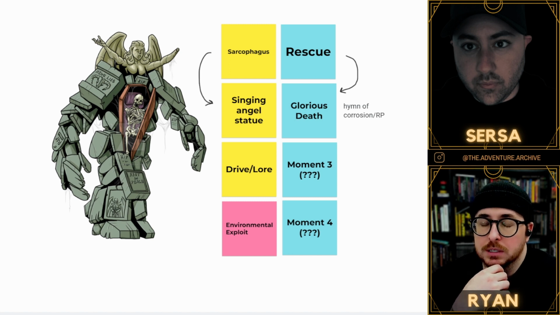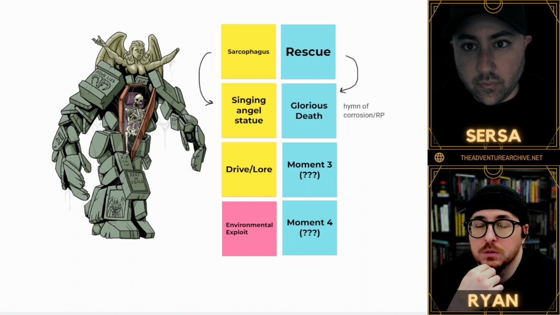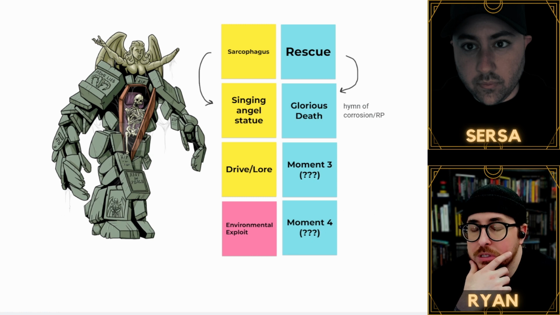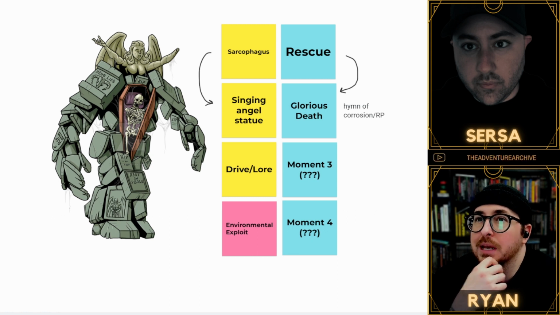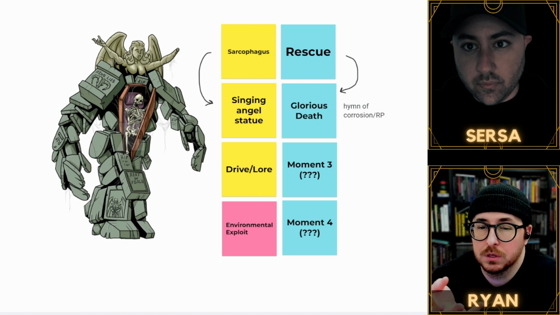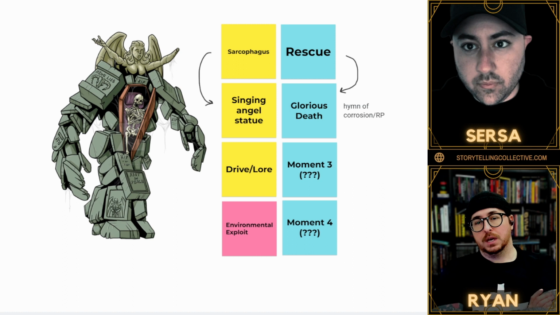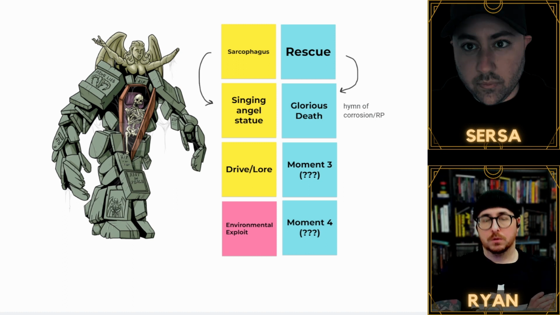During its activation, it will open up the pathway to another sarcophagus, and when a character goes inside it, they will be gloriously killed, which will then activate the angel to be able to sing. That's what we know about it right now. We also know the angel is for the corroded goddess.